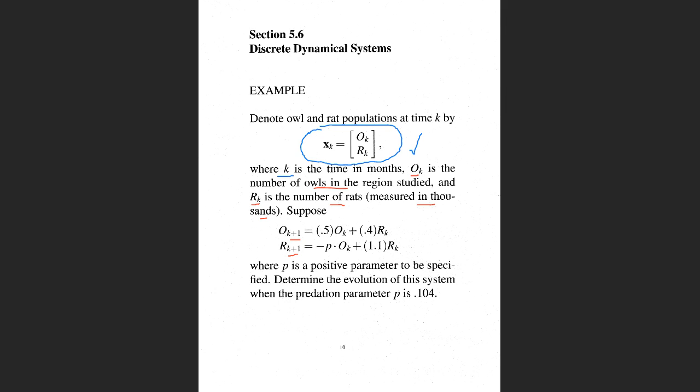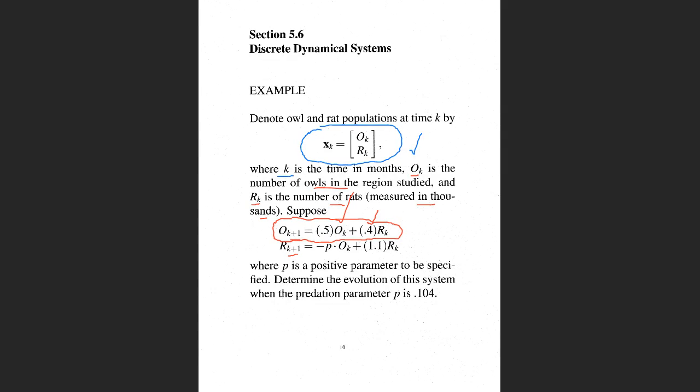So the number of owls that we're going to have next month is equal to half times the number of owls this month plus 0.4 times the number of rats that are here this month.